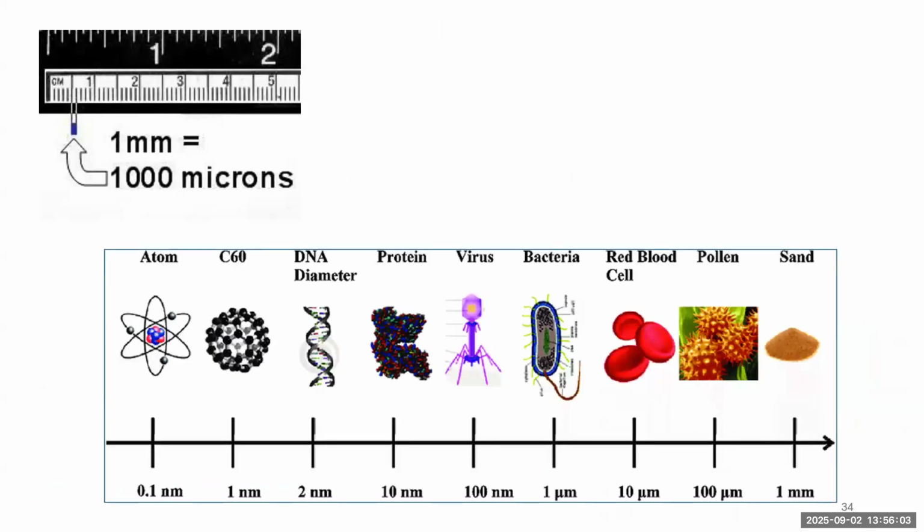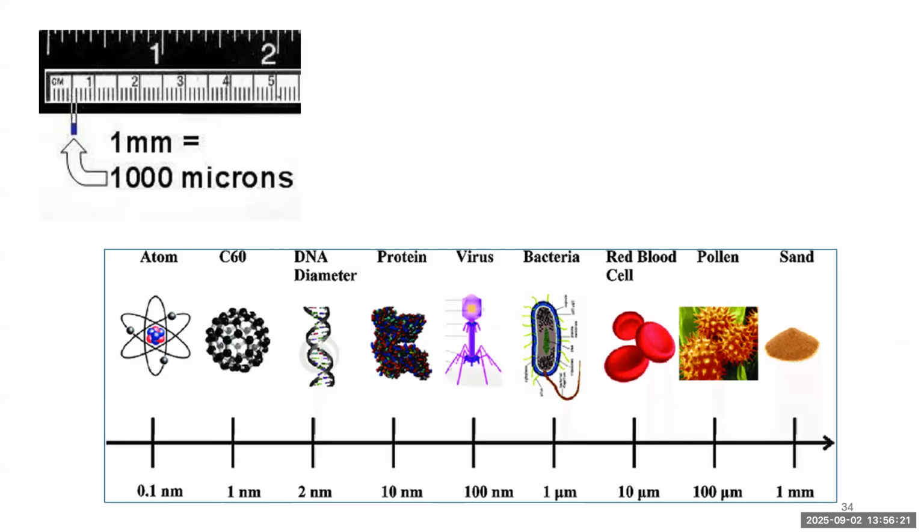We're going to continue with the size comparison here. On your screen, that ruler shows a centimeter scale on the bottom, and the 1, 2, and 3 on the white part of the ruler are centimeters.